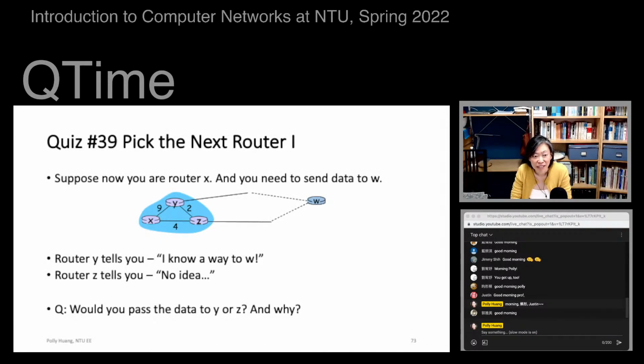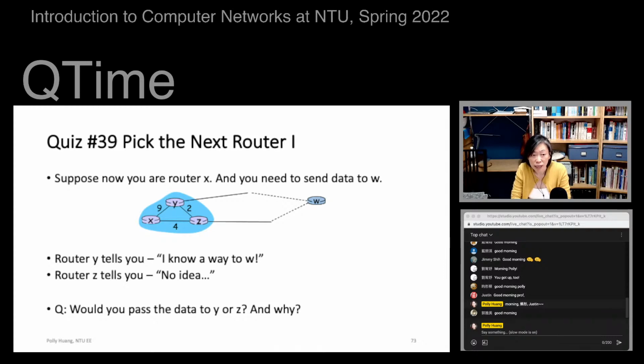All right. So now you need to do some role play, pretending that you are a router. Suppose now you are router X. You see that in this network, which is very small, XYZ only 3 nodes, and you are router X. Suppose you have some data you want to send to someone out there, W. You know the link cost from yourself to Y is 9, and the link cost from yourself to Z is 4.